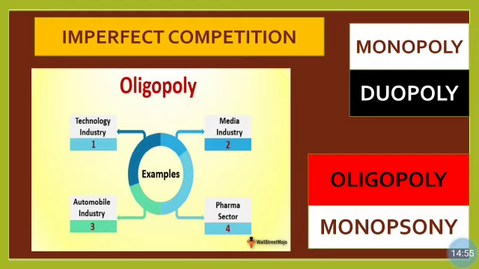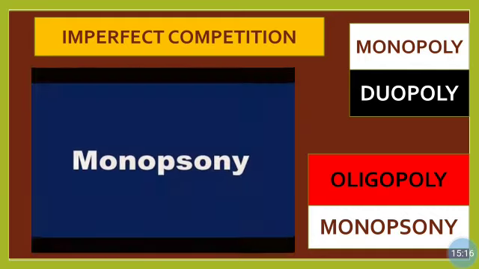Not more. Few sellers, few providers are there. Airlines, computer and software industry, oil and gas, aluminium and steel. So in such industries, there are very few sellers and everyone is having their own monopoly, and that's why these are parts of oligopoly.